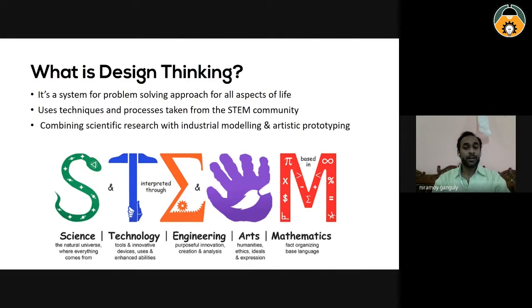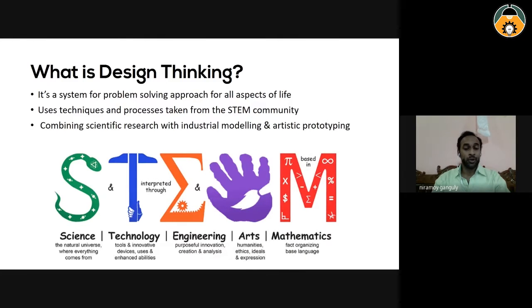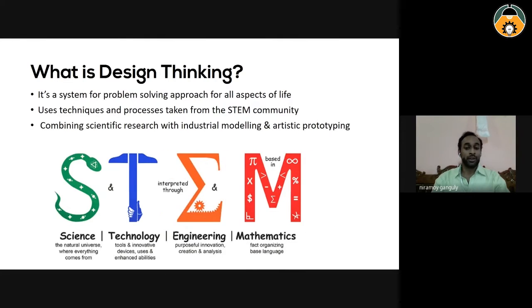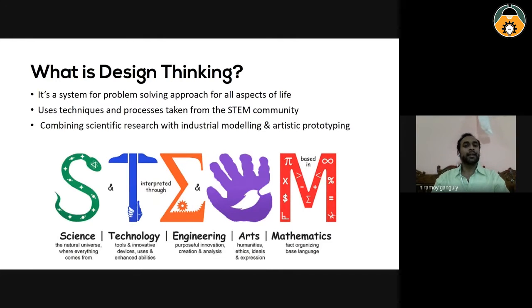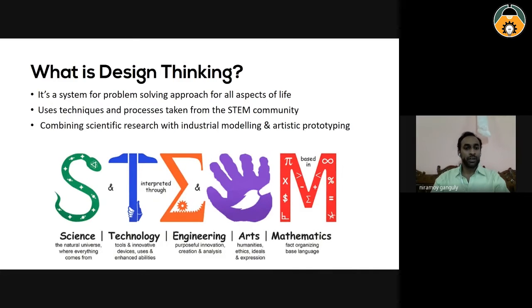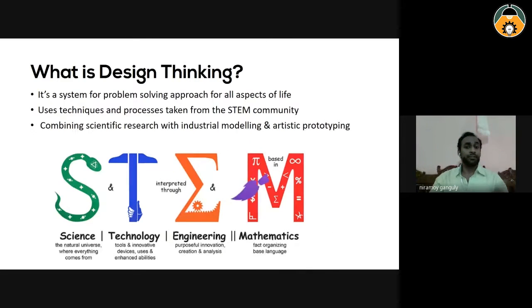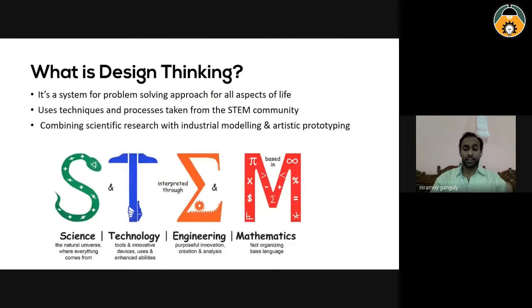And when you add arts into it, it is known as STEAM, which, as we all know, is a very powerful tool and actually started the entire industrial revolution. And that is where design thinking actually has come from, the bowels of the industrial revolution itself, where you're combining scientific research with industrial modeling and artistic prototyping.